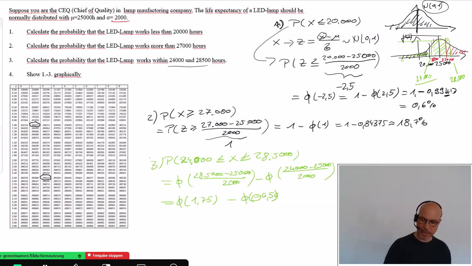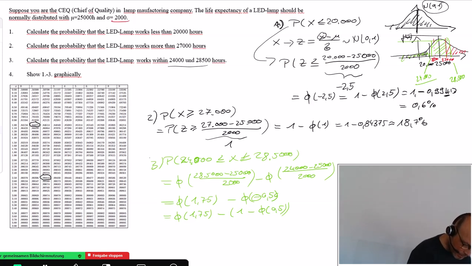Again, we have here our minus sign, and therefore we obtain phi of 1.75 minus 1 minus phi of 0.5.